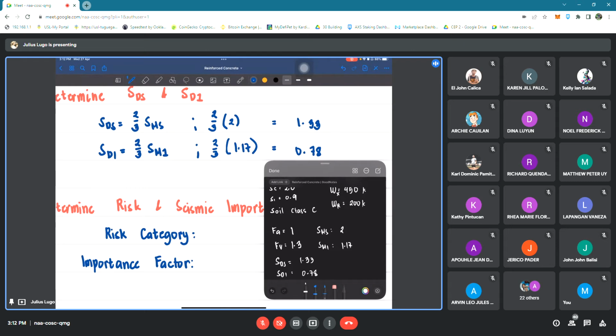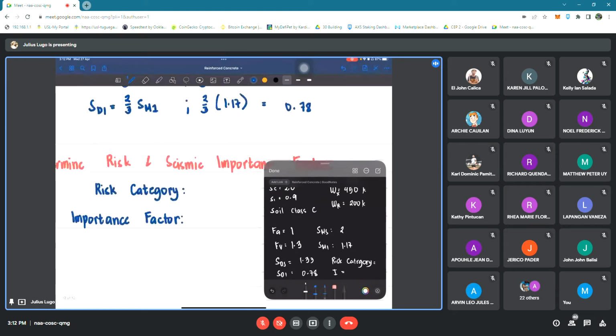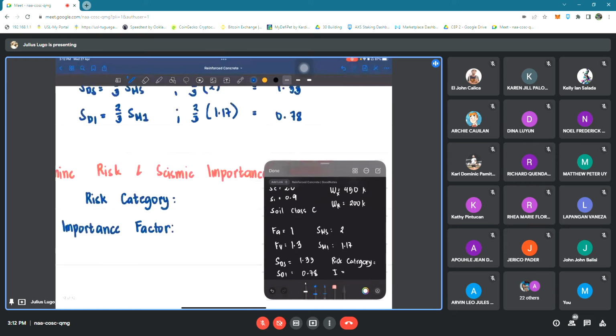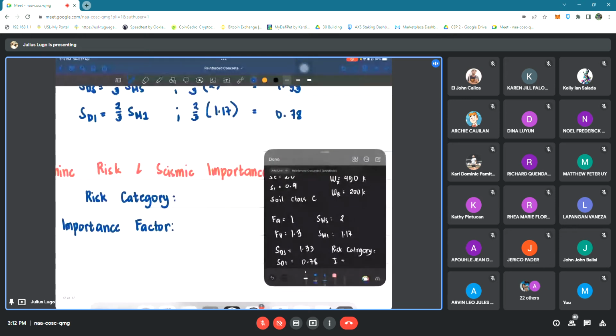Okay, what's our risk category, guys? Going back to your photocopies, what's our risk category?